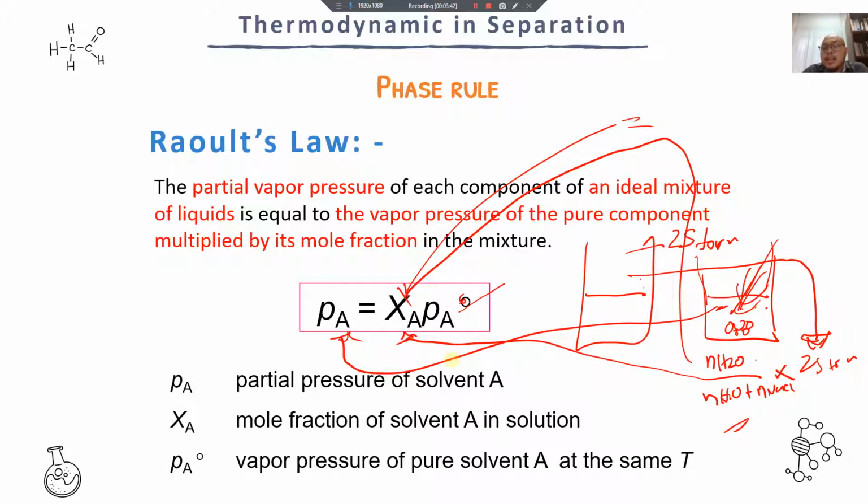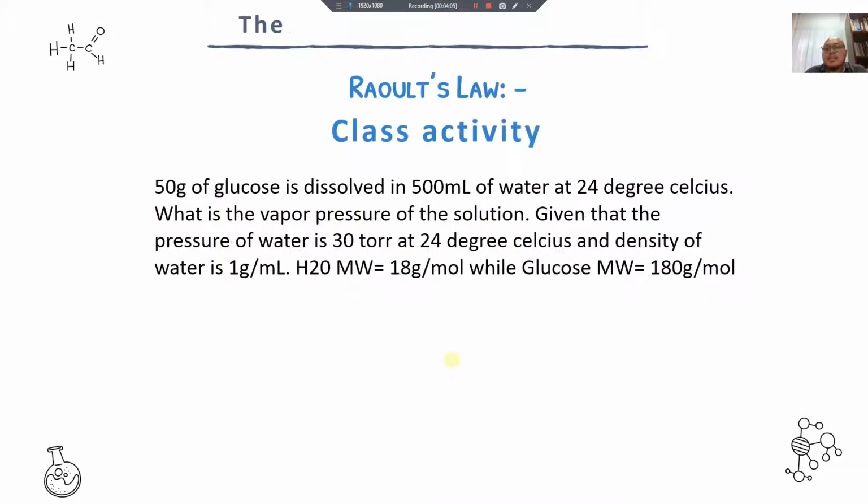Make sure they are at the same temperature. You cannot calculate with Raoult's law using different temperature settings. For example, if you calculate the pure vapor pressure at 30 degrees but apply the mixture at 25 degrees, that is not fair. You must compare at the same temperature.